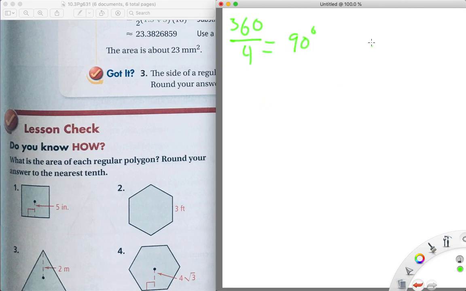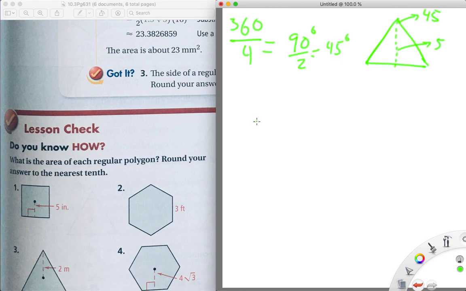But if I was to draw the triangle out, if I have this apothem here, and my apothem is 5, I know that this 90 is being cut in half. So this is now 45 because I'm dividing it by 2.